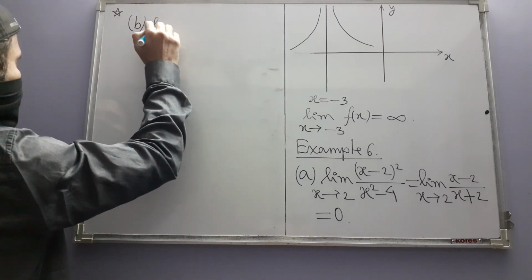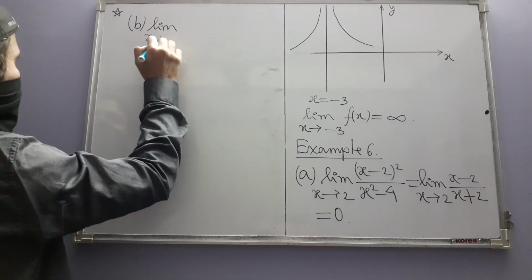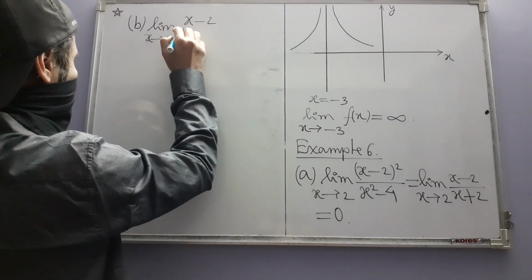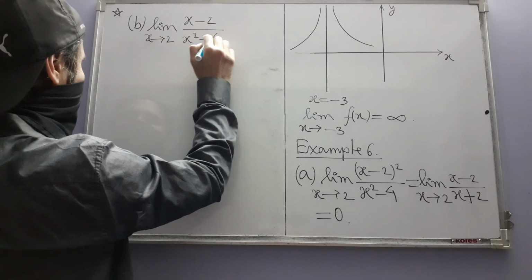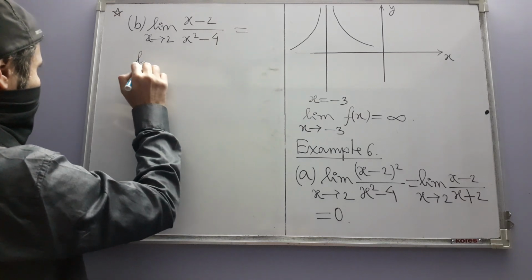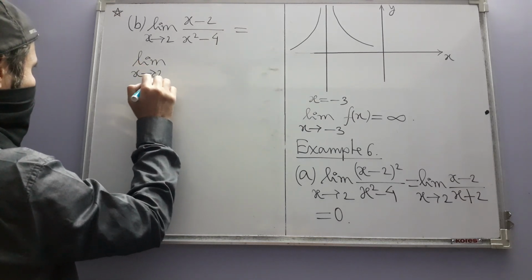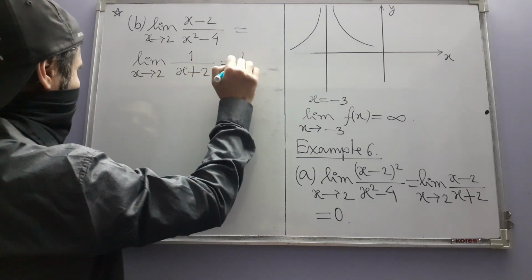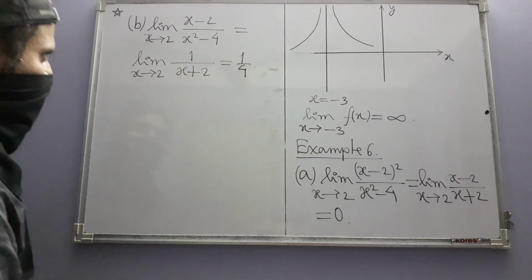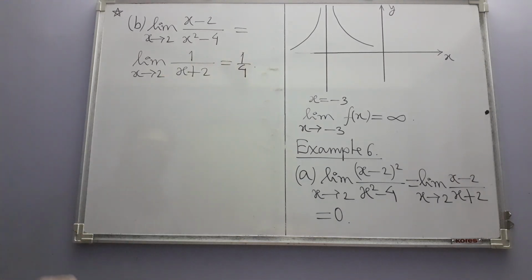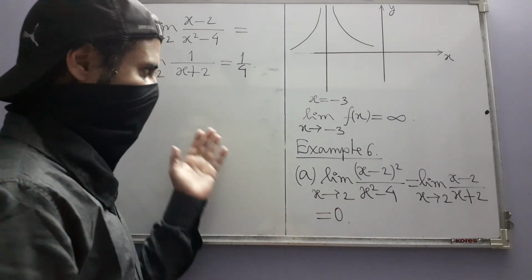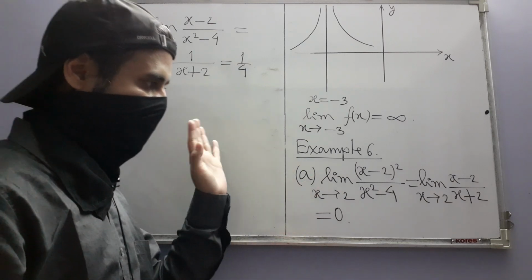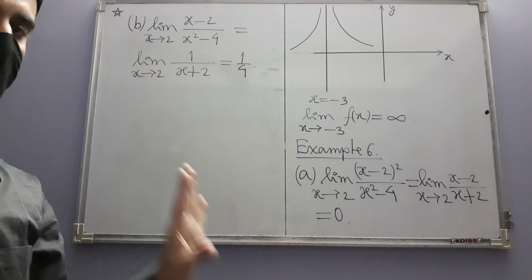In part B, the function is (x minus 2) over x squared minus 4. So here, that similar cancellation gives us 1 over 4. Because the problematic factor x minus 2 could be canceled from the function in both these cases, we are having ordinary limits.